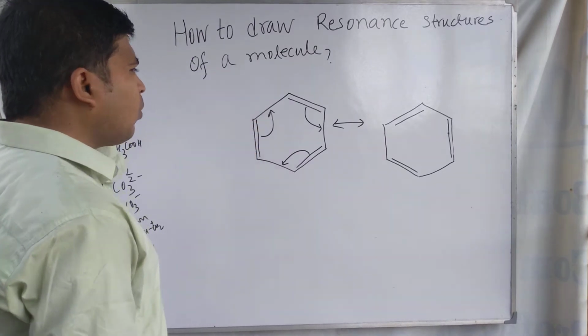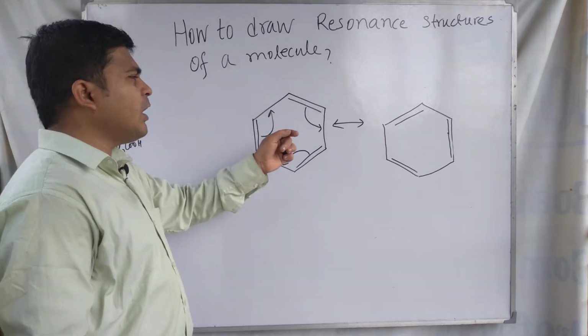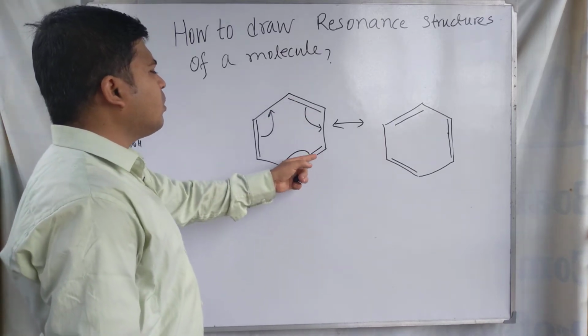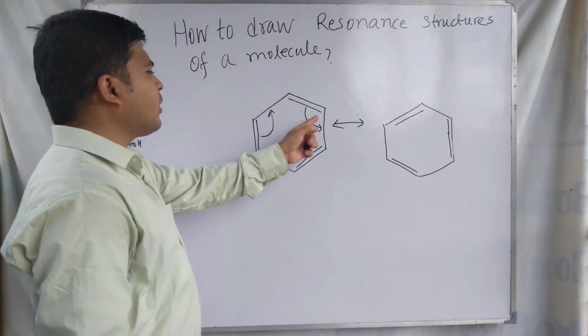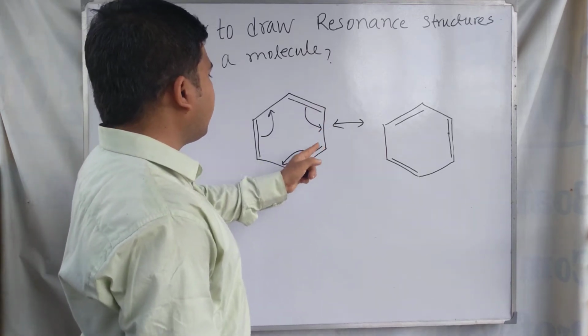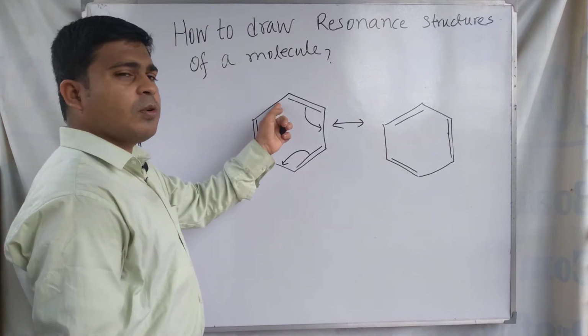In this case the double bonds are delocalized. These are called delocalized bonds, so the double bond can form here, and here, and here.